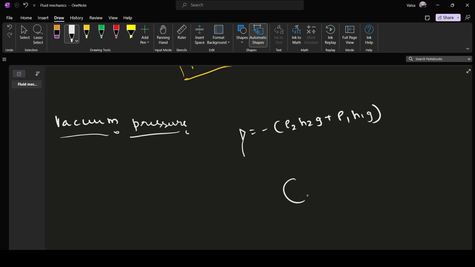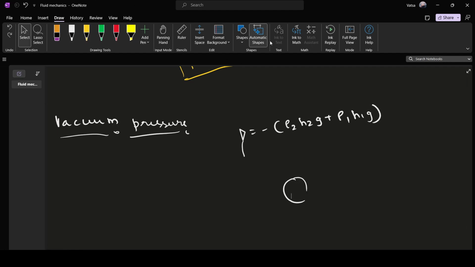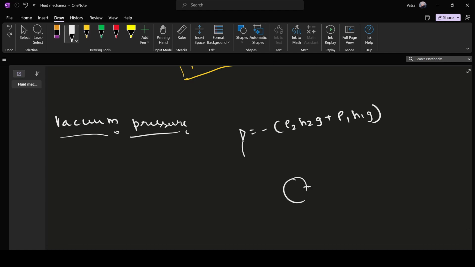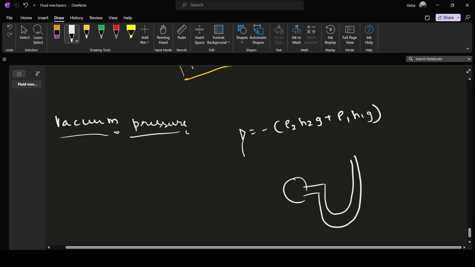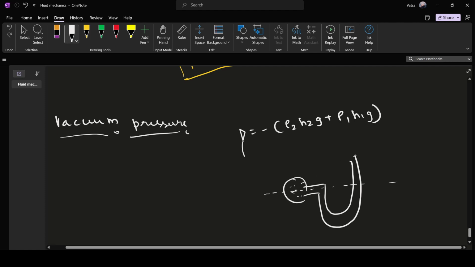So we draw the same manometer, though these automatic shapes are getting annoying. So we basically draw this manometer, okay? Now what's different is here, the pressure of this liquid or fluid is less than the atmospheric pressure.